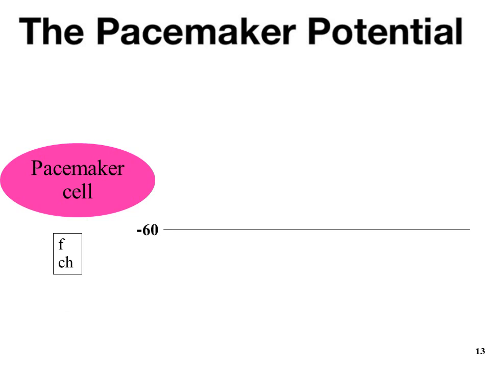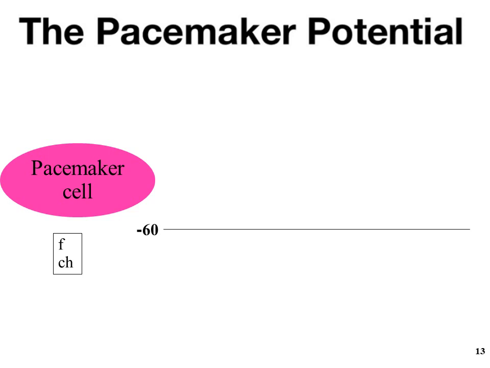The pacemaker cells have channels called F channels or H channels. These channels tend to be activated when the resting membrane potential hyperpolarizes. So hyperpolarization below -60 will activate these channels.